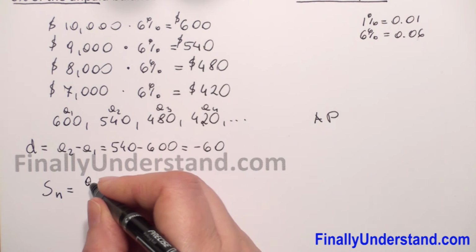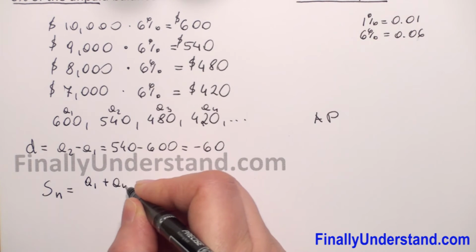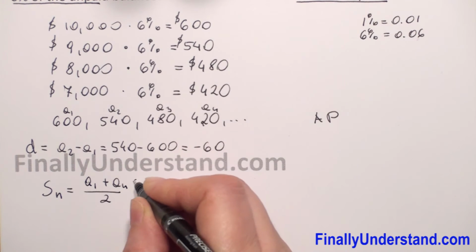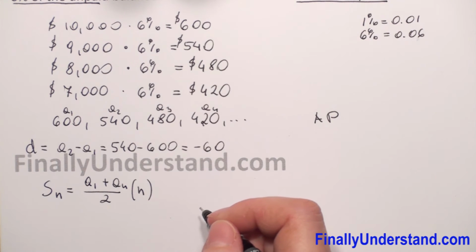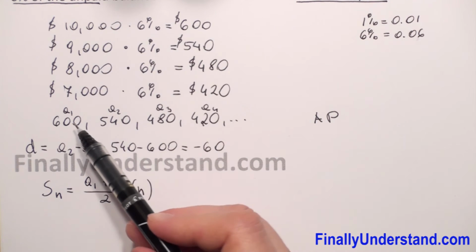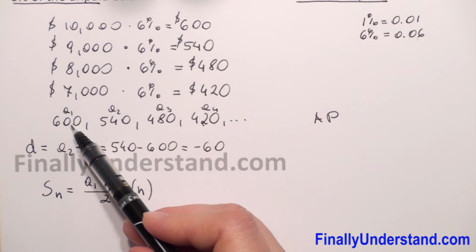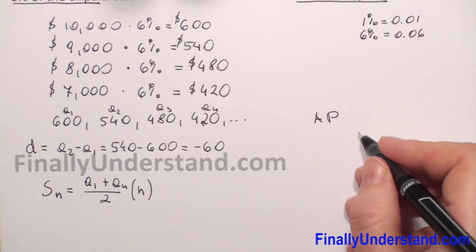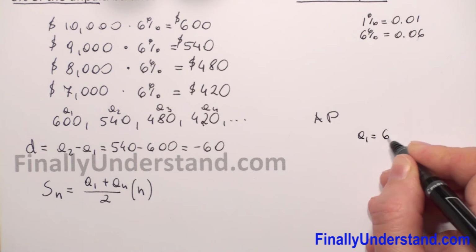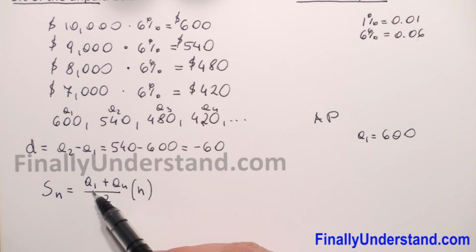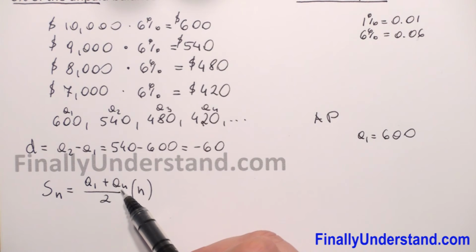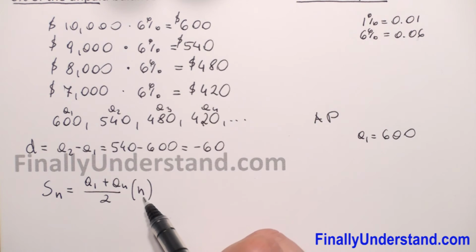So this is first term plus the last term over 2 times number of terms. In this example, we already calculate that the first term is 600. A1 is 600. What else? When we have first term, we can calculate the last term. What else? We need also the number of terms.